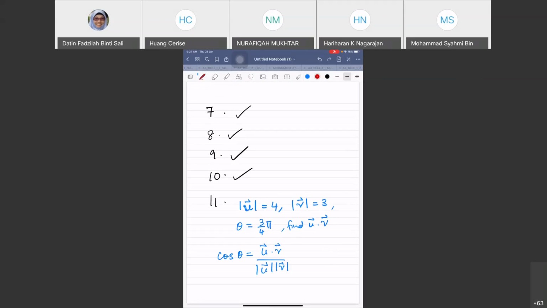So the angle is given, the magnitudes are given, and this is what you want to find. So you just rearrange your equation, plug in all the information and get the answer. So this one is also straightforward, similar to one of the examples I gave in class. So this one should be okay.